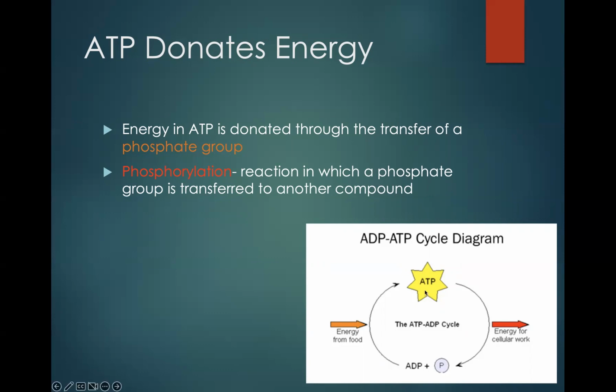So in the creation of this ATP molecule, we start with ADP, adenosine diphosphate, which indicates that we have 2 phosphate groups present. There's going to be another phosphate group added here, and this is how we get the creation of our ATP. So there's this ADP-ATP cycle that happens.